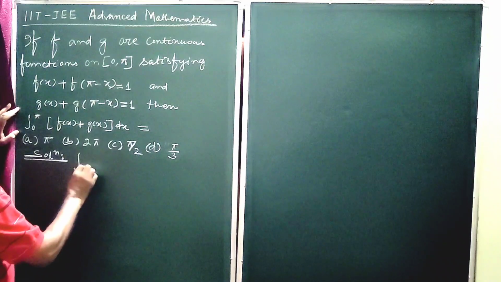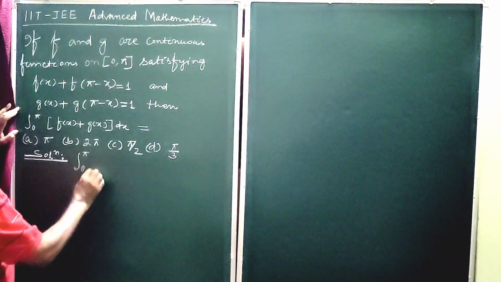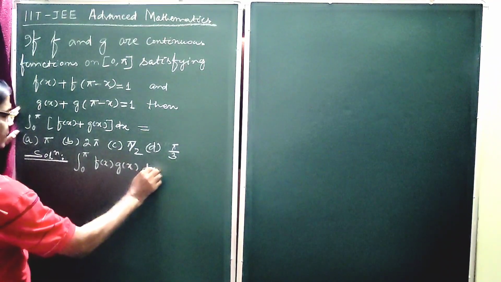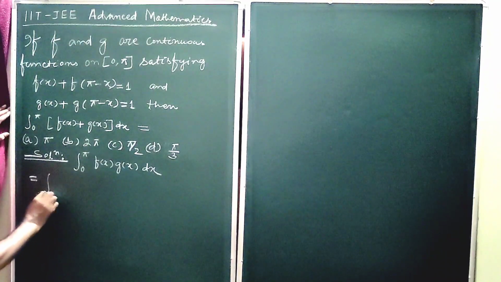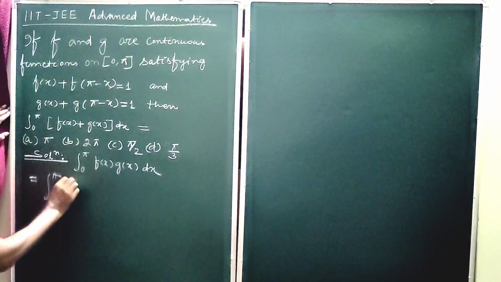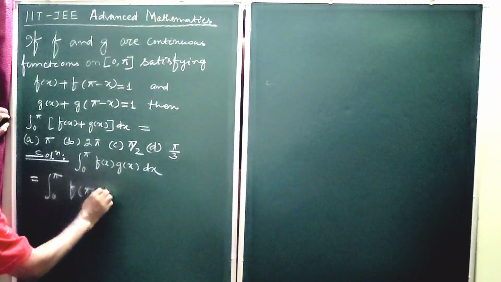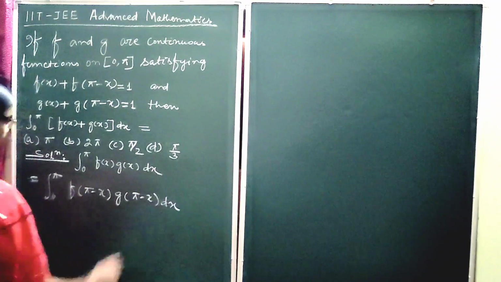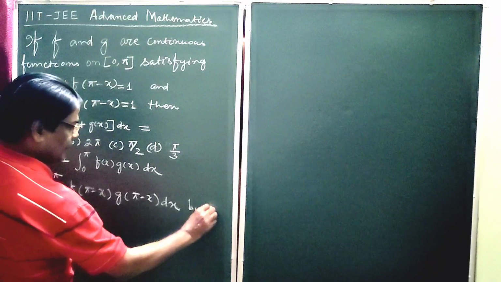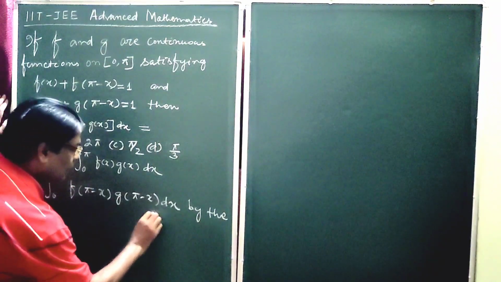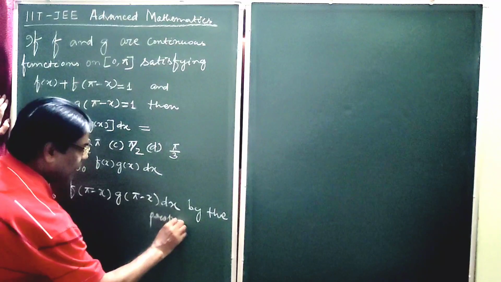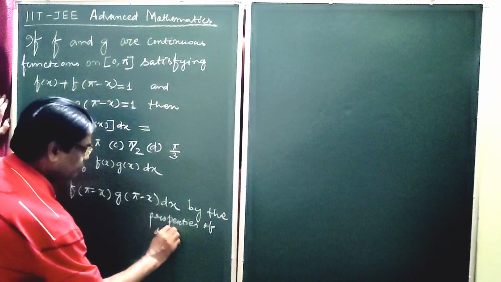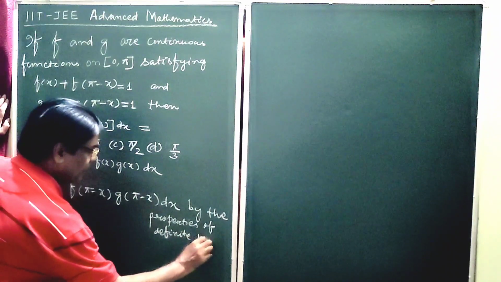Now the integration from 0 to pi of f of x into g of x dx is equal to the integration from 0 to pi of f of pi minus x into g of pi minus x dx, by the properties of definite integral.